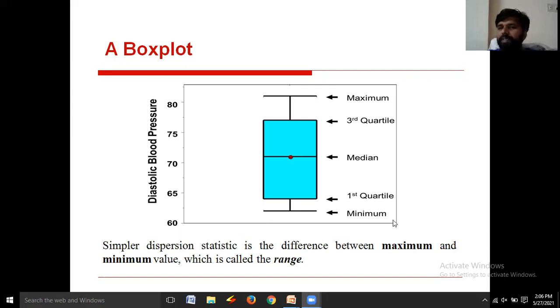Here, the first quartile indicates the 25th percentile. The second quartile is also called the median. We already know what the median is. Median is a middle value. That is what we discussed in the earlier video. To know the median value, which formula are we using? First, we need to arrange the data set into sorted order. Then we apply the formula (n plus 1) by 2.